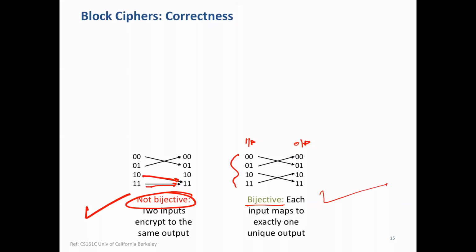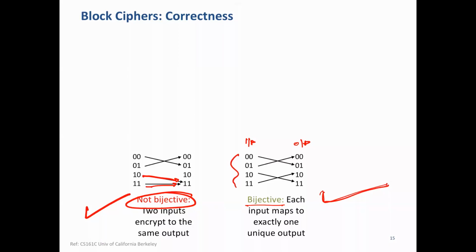Yes, it has to be bijective. Why? Because every input should have a unique output. That's right. Very right.